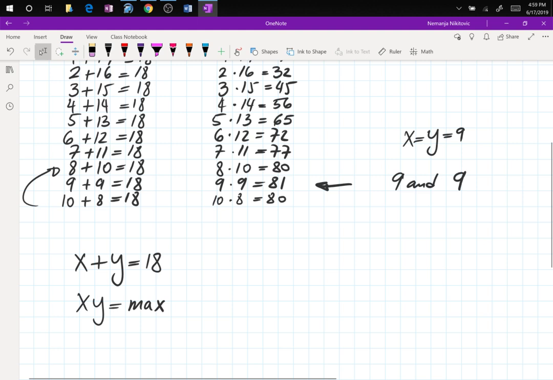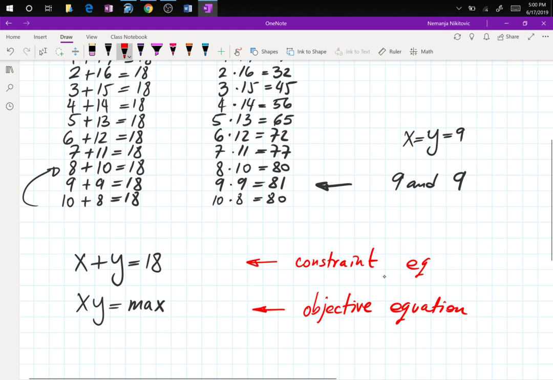So once I'm done with that, I need to write some terminology here. So this equation is called the constraint equation, and this equation is called the objective equation.